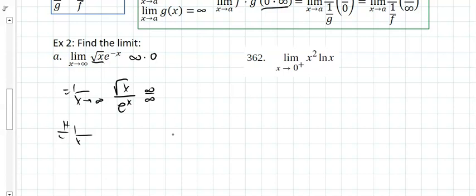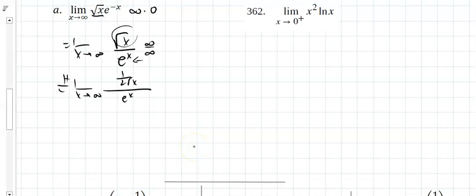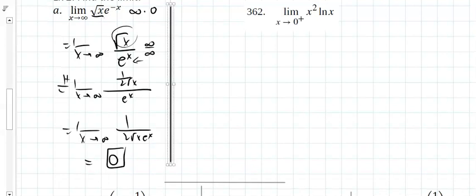By L'Hopital, the limit as x approaches infinity, derivative of square root of x is 1 over twice square root of x. Derivative of e to the x is e to the x. If I clean that up algebraically, that's the limit as x approaches infinity of 1 over twice square root of x e to the x. As x approaches infinity in the denominator, I'll get infinity. 1 over infinity is 0.